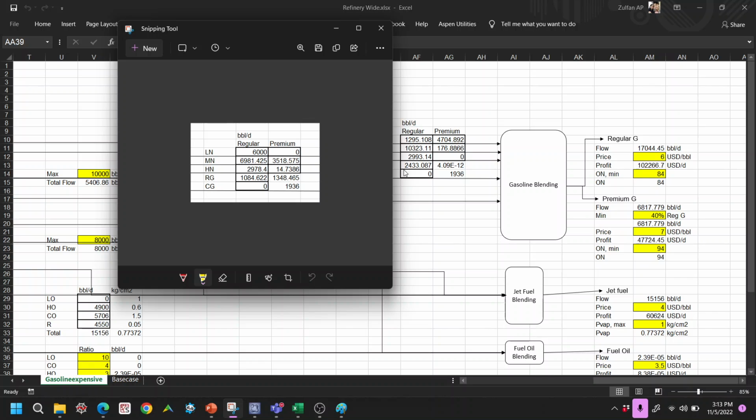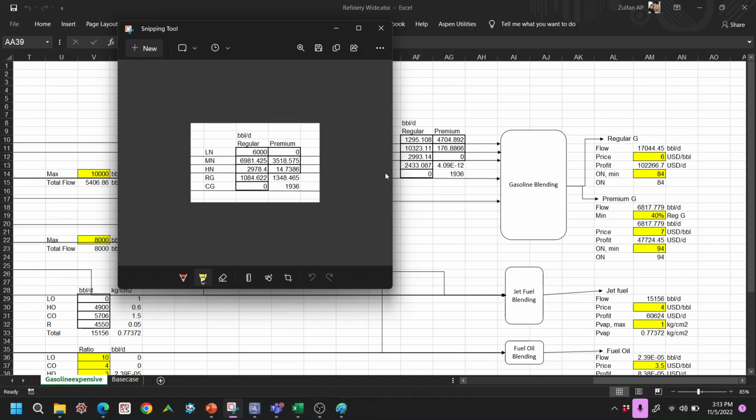So if the jet fuel price increases from 4 to 5, that means 25%. If the price is increased by 25%, you see that there are some changes required for the gasoline blending, because we are comparing now gasoline blending.